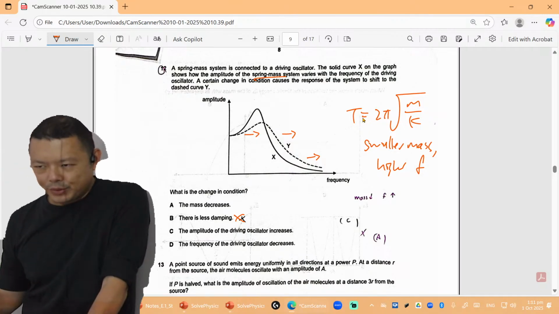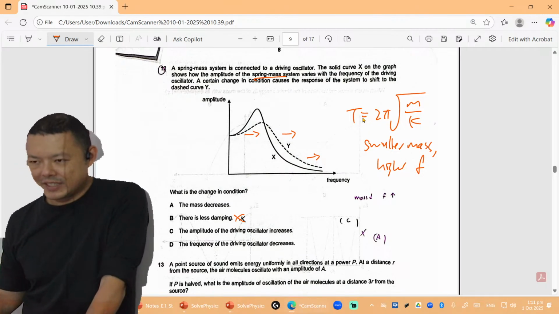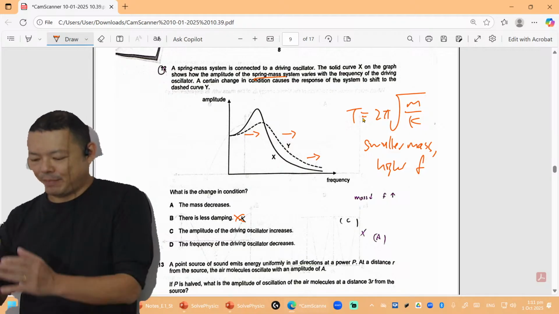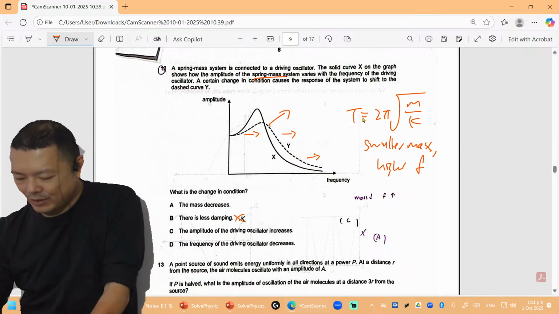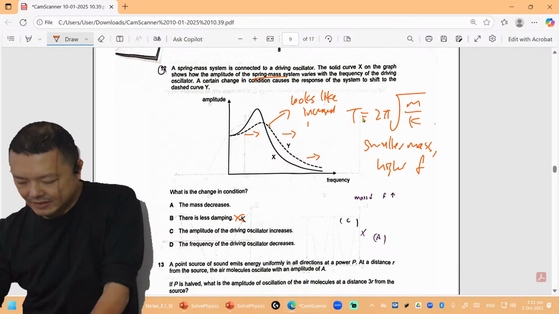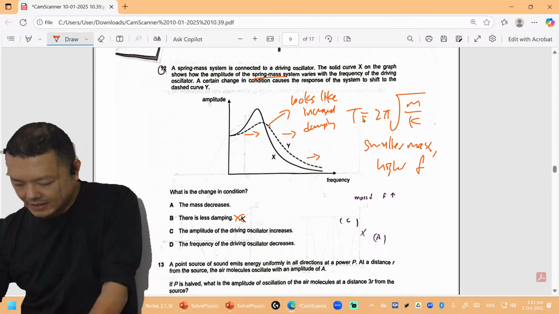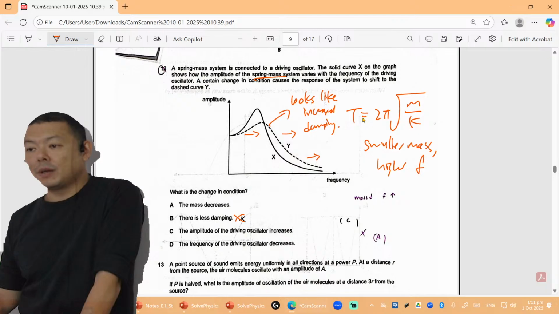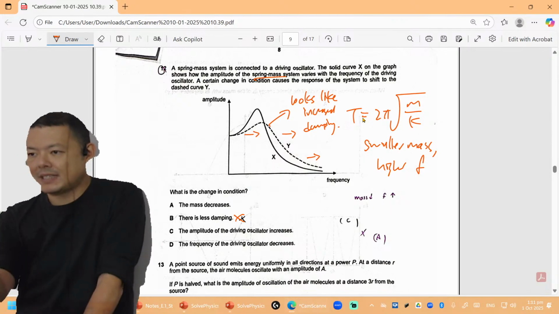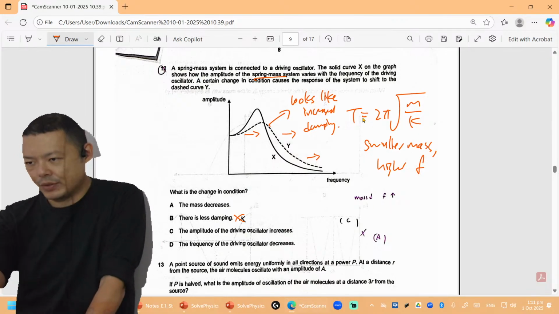But do you also notice that it looks like damping has increased? The peak is broader, the amplitude is lesser. It looks like increased damping, which is true also because if you use a smaller mass, it's more susceptible to the resistive forces.